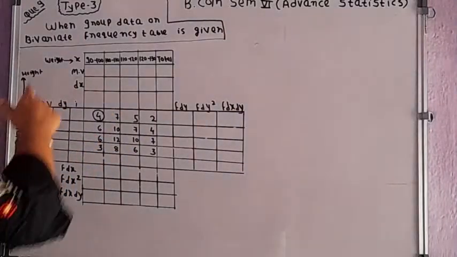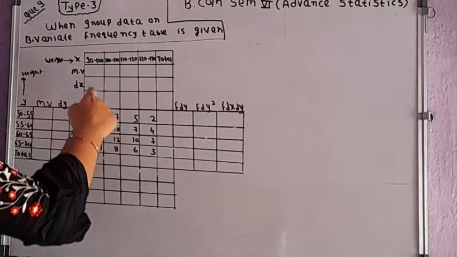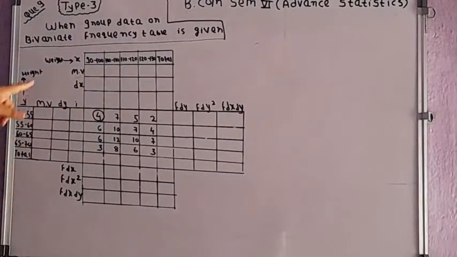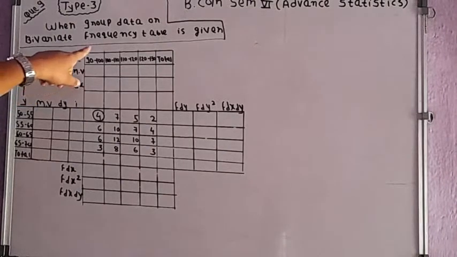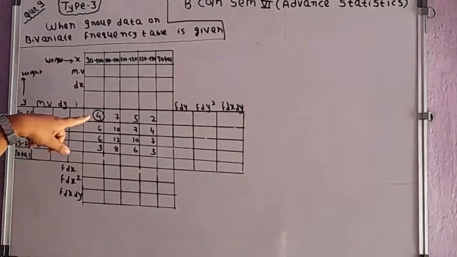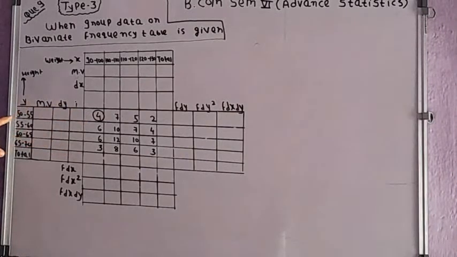These 4 people are representing the weight of those who are between 90 to 100 lbs. And when we talk about height, these 4 people are representing the heights of the population who come under the height group of 50 to 55 inches.